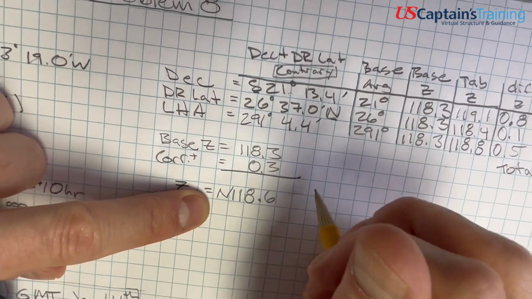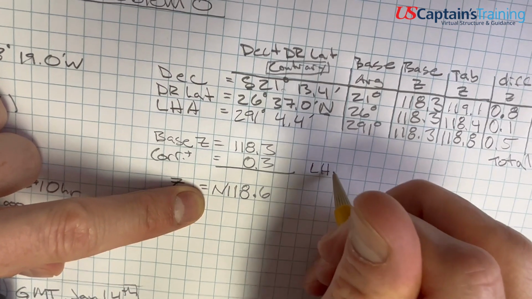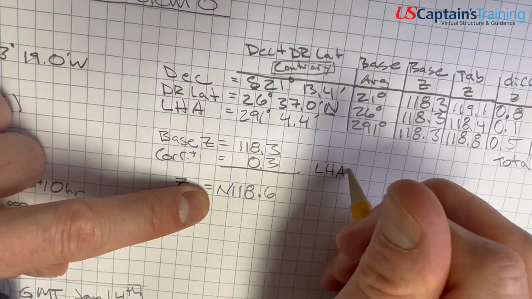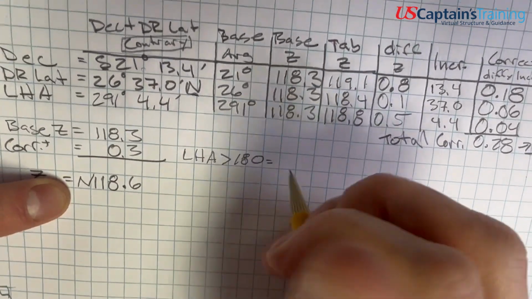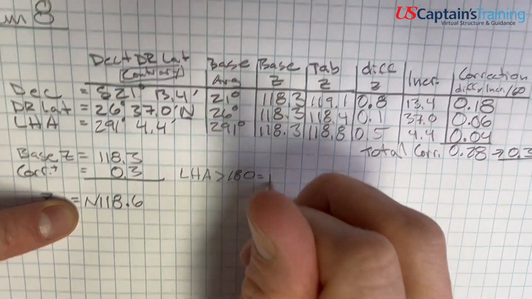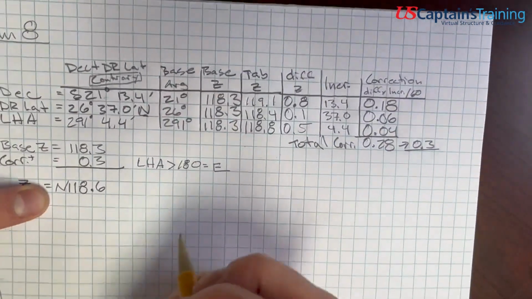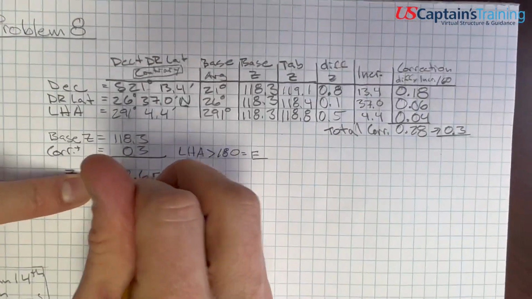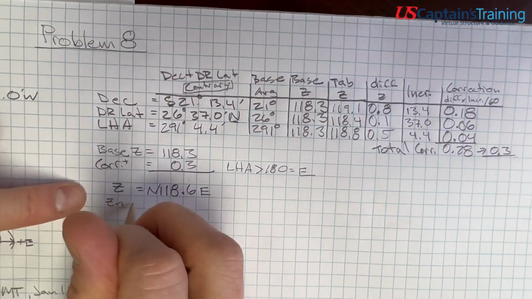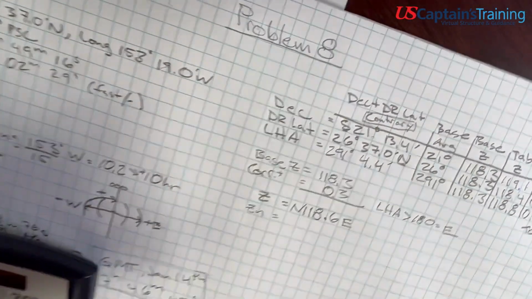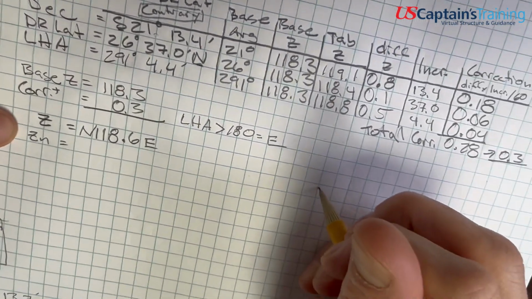And now we need to figure out whether it's east or west. We do that with our LHA. If it's greater than 180, it equals east. If it's less than 180, it would equal west. In this case, it's greater than 180, so it equals east. And so our Zn is from north. So let's map that out and take a look.